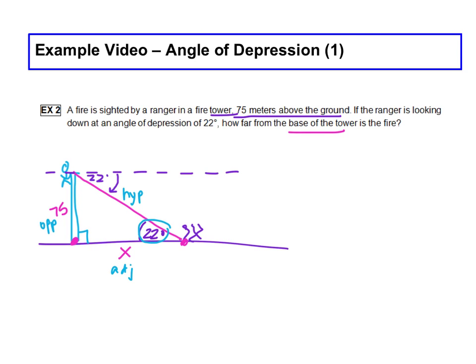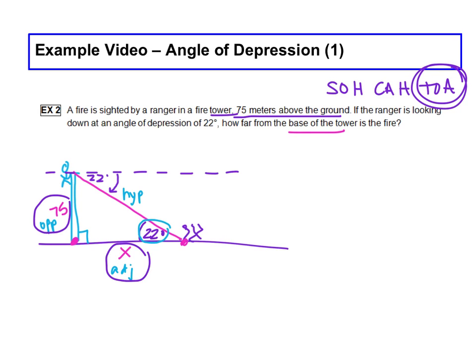So we are going to use the opposite side and the adjacent side to solve for x. Again, just go back to your SOHCAHTOA. Are you guys loving this yet? It's kind of fun, and now we get to draw pictures, so it's even better. So which one uses the opposite and the adjacent? Opposite and adjacent is going to be our tangent.